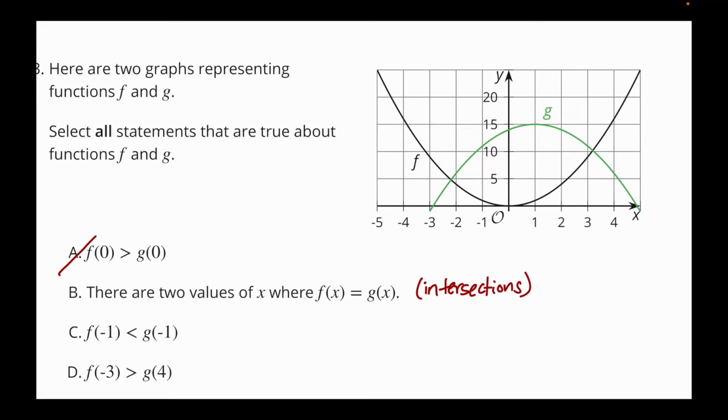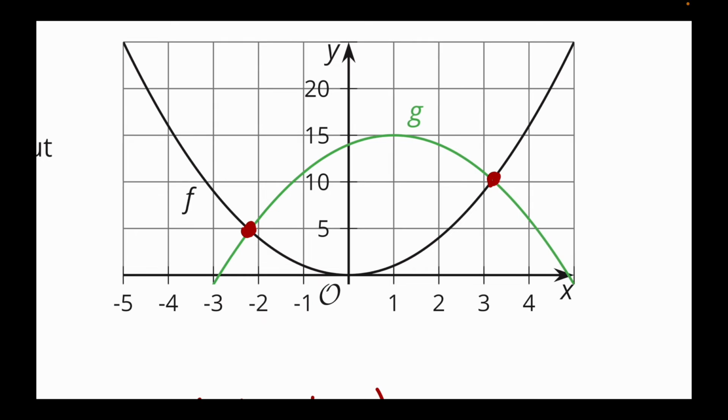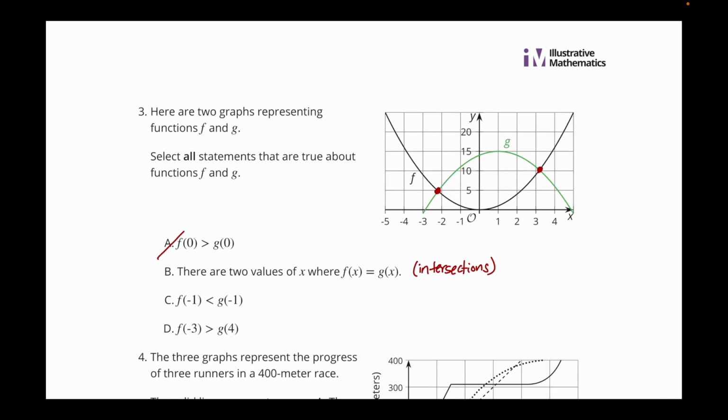And yeah, I do actually see two intersections on my graph. They're not on the tick marks of my graph, so they're not going to be whole numbers, and they're a little difficult to read exactly, but this is true. So there are two values where the function values are the same.